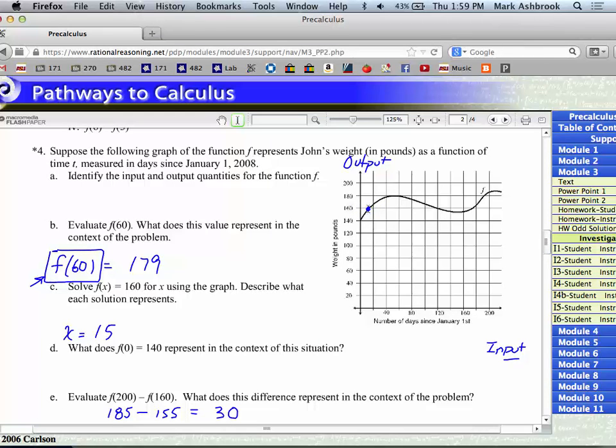But later down the road, what did you estimate the other days to be? 120. And 175. So I have more than one value of number of days that give me 160 pounds that he weighed.